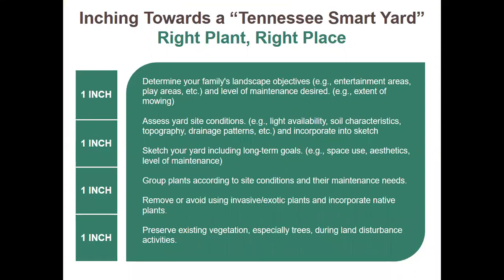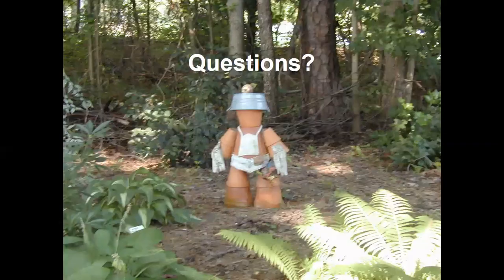We drew a sketch of where we wanted everything in the lawn. We grouped plants according to their site conditions, so we made sure all of our full sun plants were growing together and all of our shade plants were growing together. We removed all invasive or exotic plants and changed to native plants. And we also tried to preserve existing vegetation, especially trees, during disturbance activities.